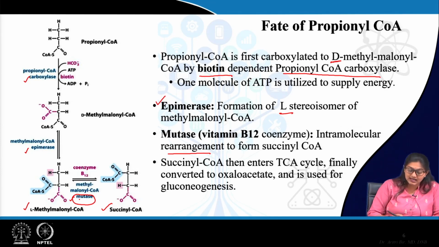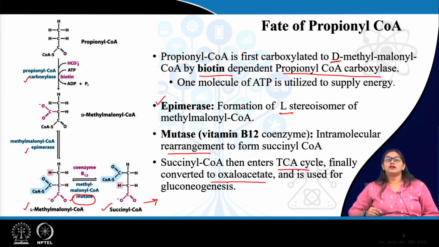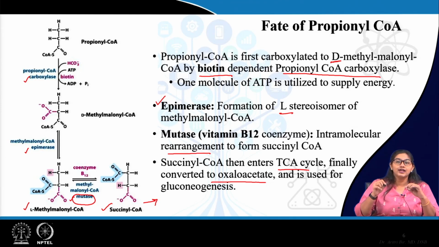And now you can see succinyl coenzyme A can easily enter the TCA cycle and be converted to oxaloacetate. So, propionyl coenzyme A via oxaloacetate can enter the TCA cycle. So, this is a substrate for neoglucogenesis. Remember, in fatty acids, what is glucogenic?